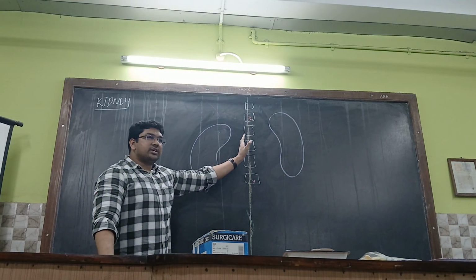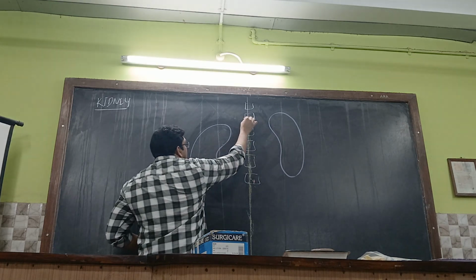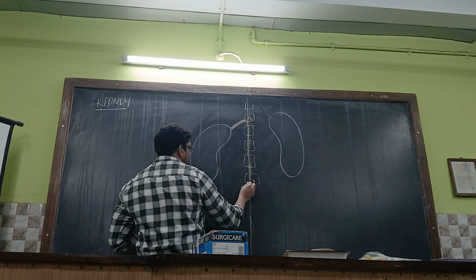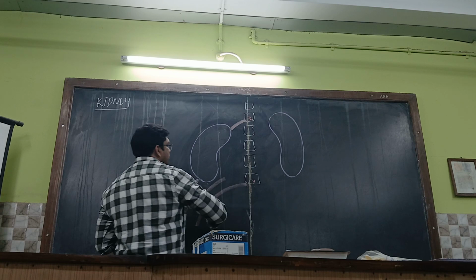On either side of the vertebra there will be the psoas major muscle, coming in this manner on both sides.